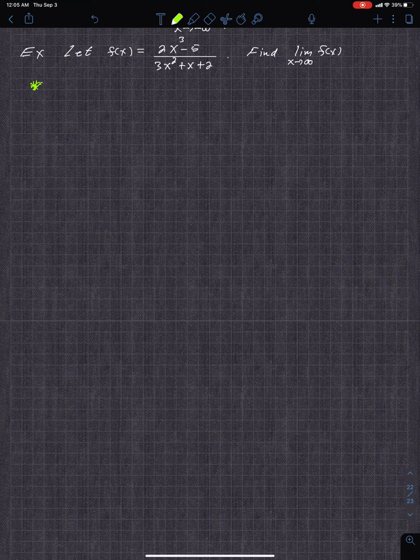When you see a rational function like this, a polynomial over a polynomial, then you divide each term by the largest power of the denominator.